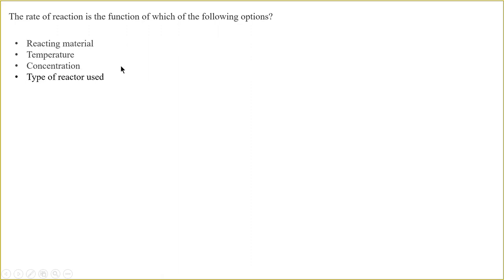And next comes the concentration. How can concentration of the reactant affect the rate of the reaction? If the reactants are present in abundance, then the reaction order is quite stabilized and it occurs in a stabilized manner. One example of that is photosynthesis, in which sunlight comes on top of the leaves and produces glucose.